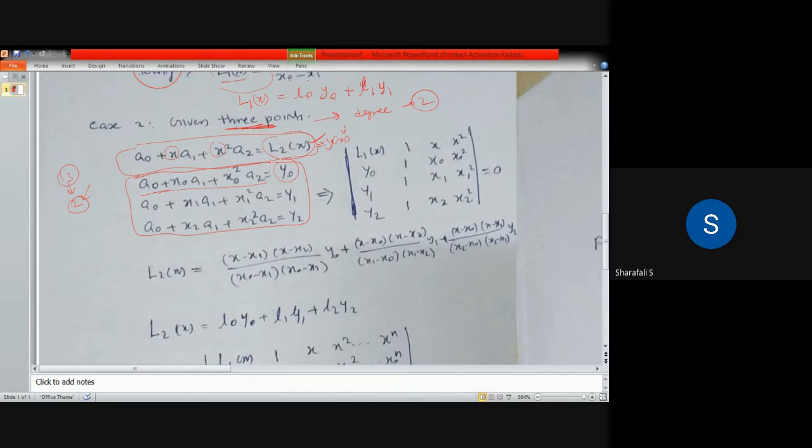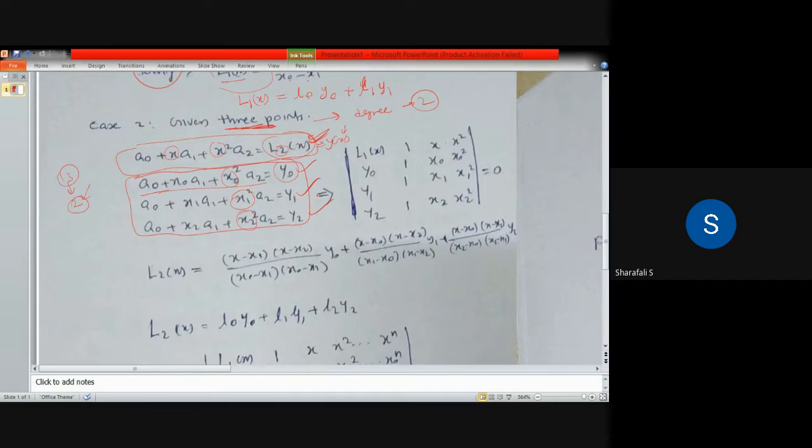So we have 3 points. For all those 3 points, we can have these kinds of equations for y0, y1, y2, corresponding to x0, x1, and x2. We have 3 equations. In general, if you have 3 points, then you can have a Lagrange's polynomial of order 2, and the equation will be like this.